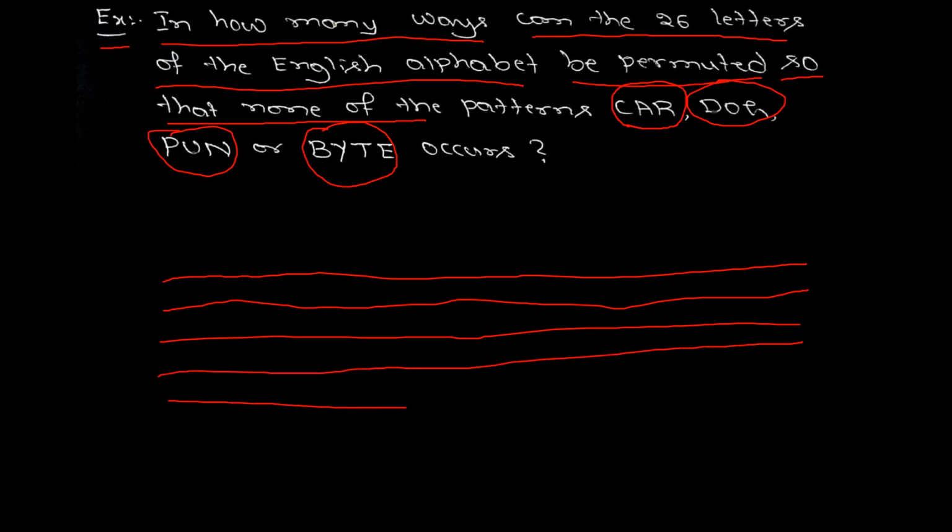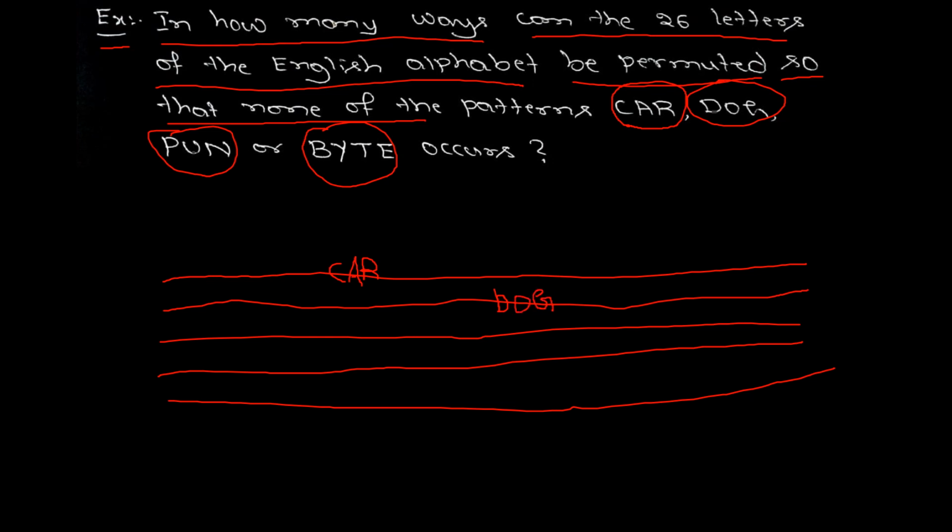Now the question is, how many permutations do not contain the car word and the dog word. We need to check how many permutations contain no dog word.